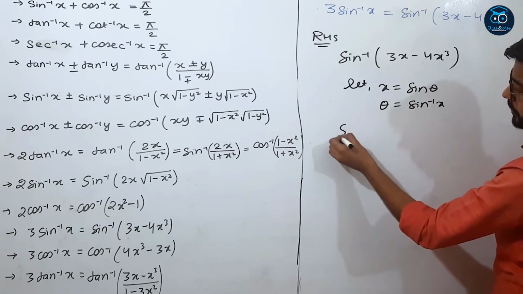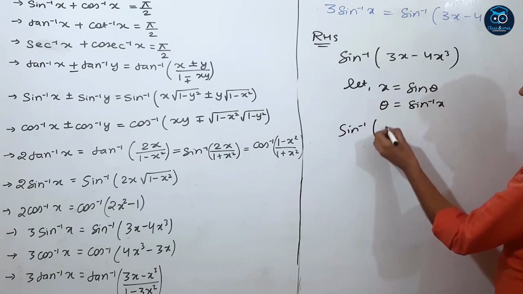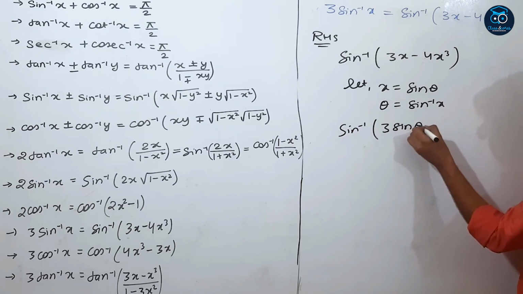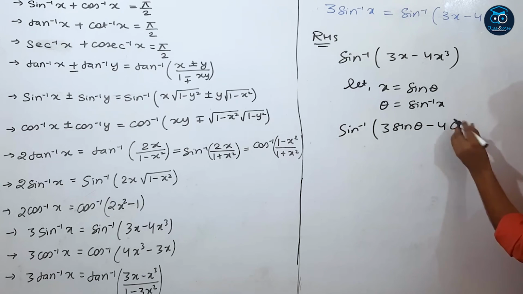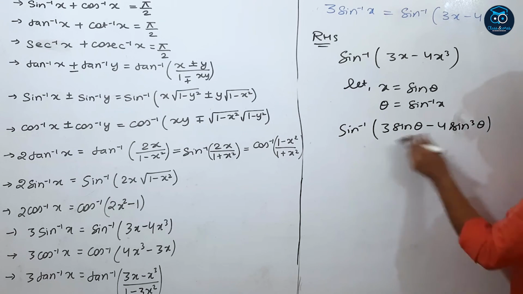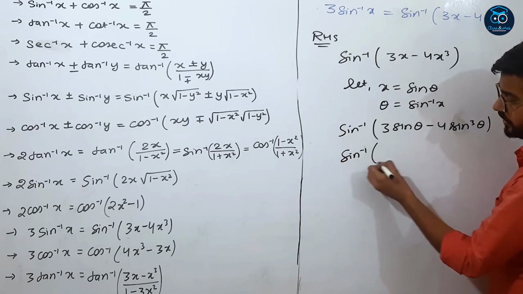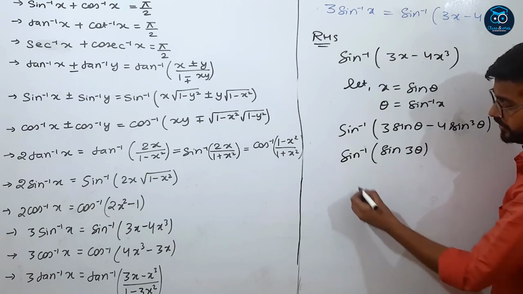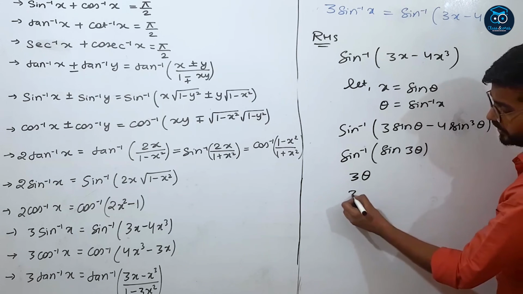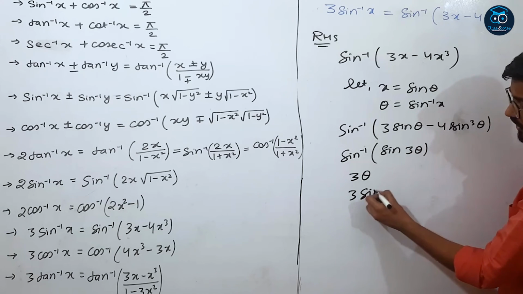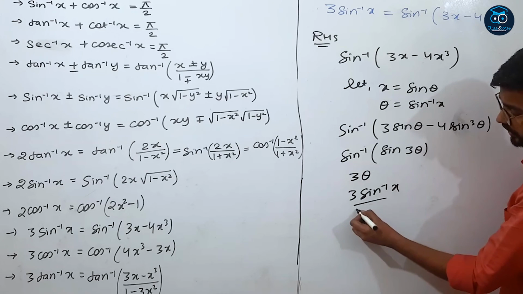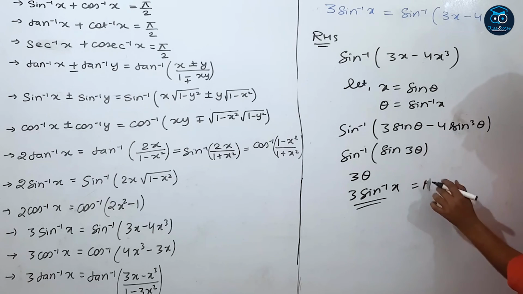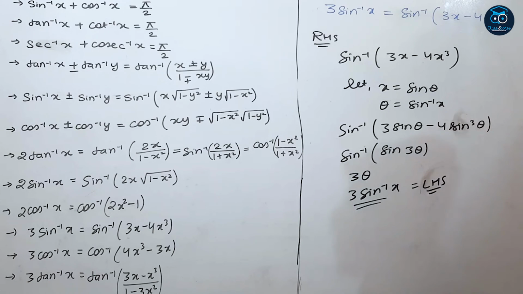Just substitute in this equation, we get 3 sin theta minus 4 sin cube theta. This is the identity for sin 3 theta. So now it will become self-adjusting. We get 3 theta and the value of theta is sin inverse x. That is equal to the LHS. This is the final answer.